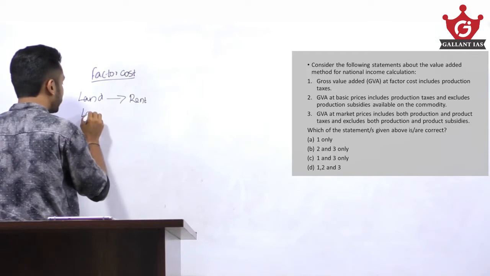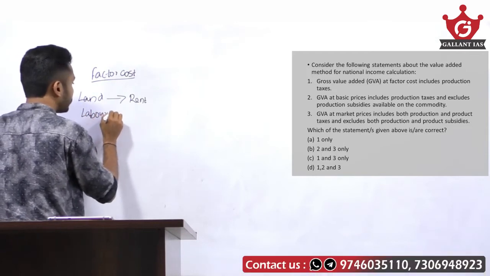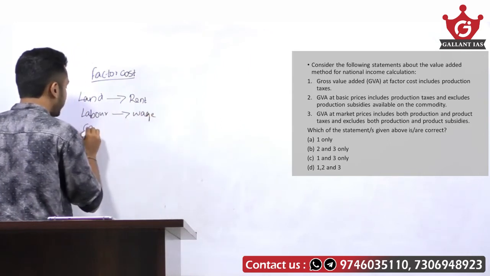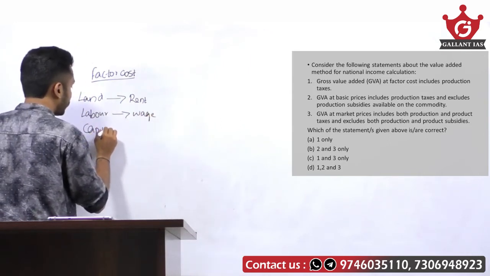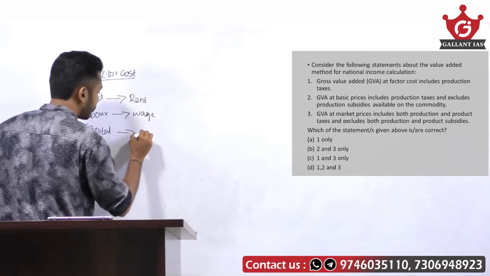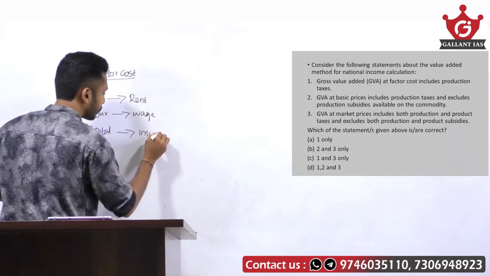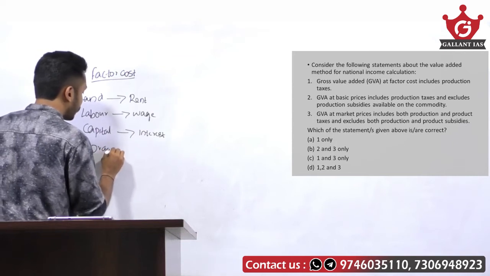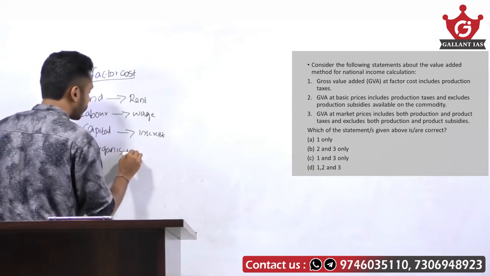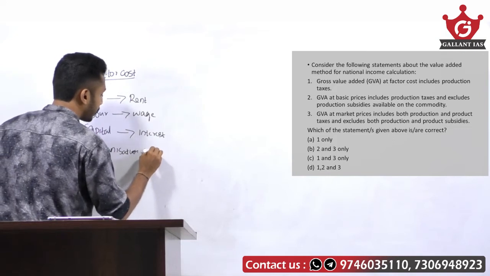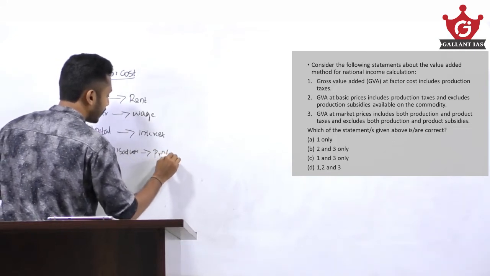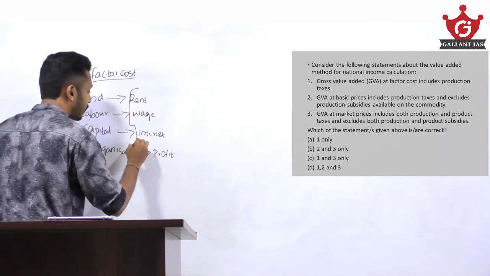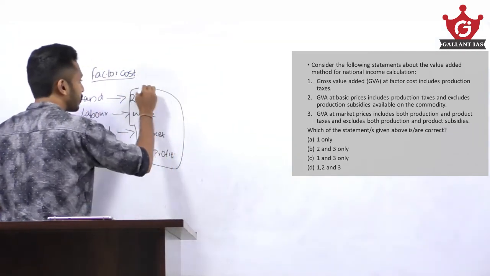For labor, the cost is wage. For capital, we need to pay interest. For organization, we need to pay profit. So the price of any commodity is the sum of these 4 factors of production's cost.